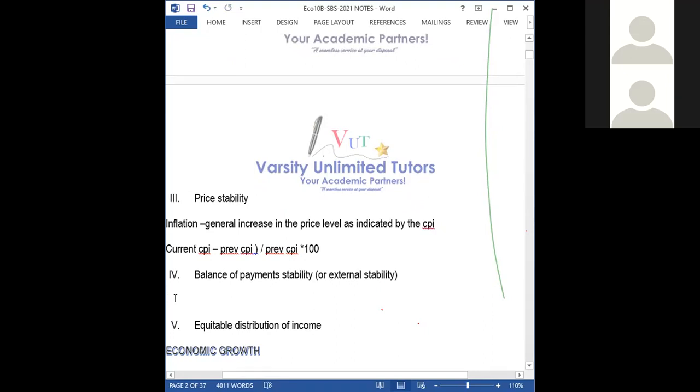All right, so moving on to balance of payments stability, which is another metric, another measure that is used to measure the performance of an economy.